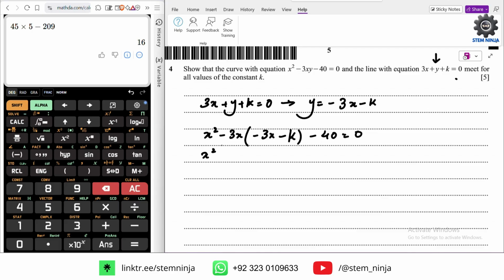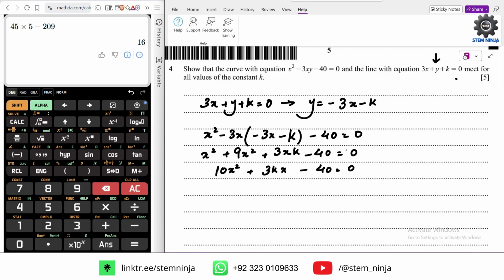So x squared minus 3x times (minus 3x minus k) minus 40 equal to 0. You get x squared plus 9x squared plus 3xk minus 40 equal to 0. Okay, so this has become a quadratic equation, which can further be simplified to 10x squared plus 3kx minus 40 equal to 0.